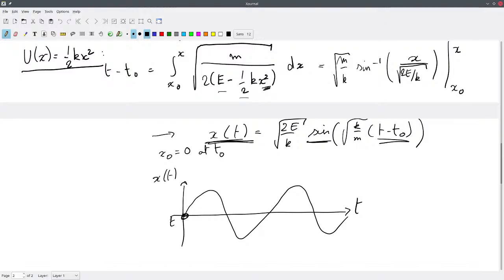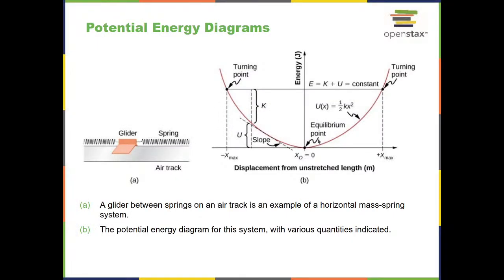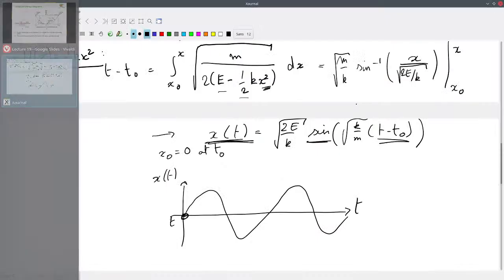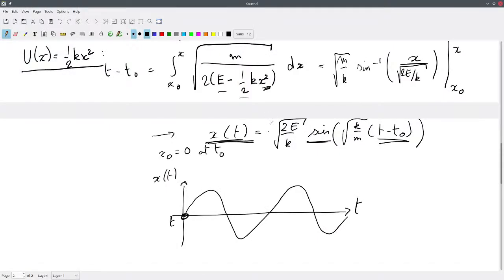So what will happen is we'll just end up with our particle moving back and forth. And what will be the maximum, x max, here? It will be when the energy is equal to the total potential energy. So it will be exactly when we have an x max that is equal to the square root of 2 times the energy over k.